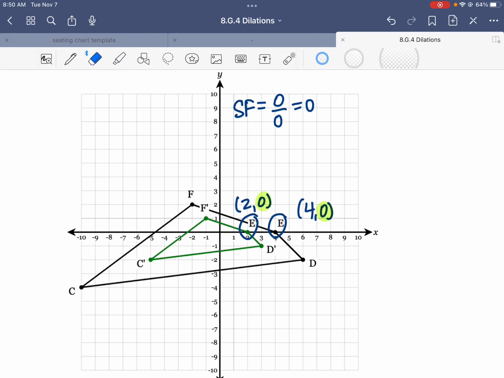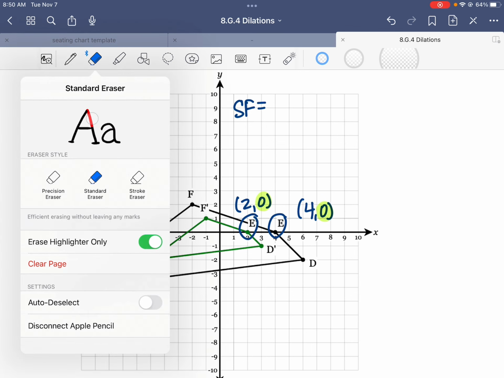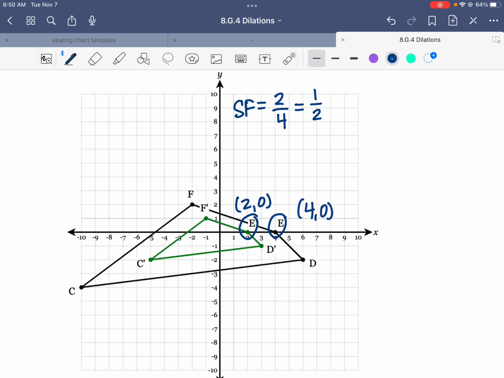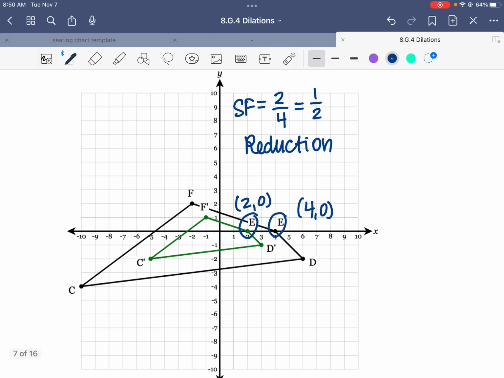So whenever you have 0 as coordinates, you cannot use them to determine the scale factor. You have to use the actual values. So we're going to take the image coordinate of 2 divided by the pre-image coordinate of 4. So our scale factor is 1/2, which is a reduction. And we can see that this is a reduction because to go from the original figure to the image, it had to get smaller.